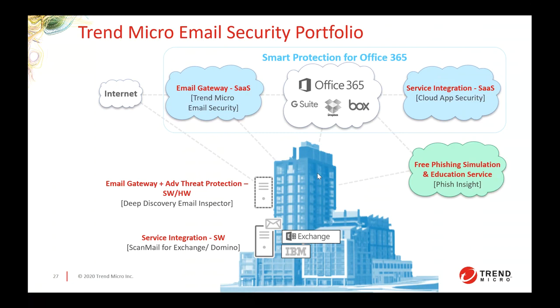The main benefit of service integration is you don't need to change anything like the MX record, or worry about business continuity. You just need to install it, and it can even inspect past events from before you installed the security solution.